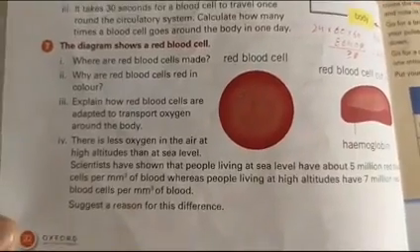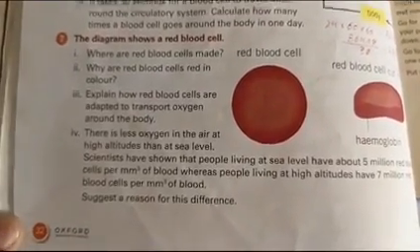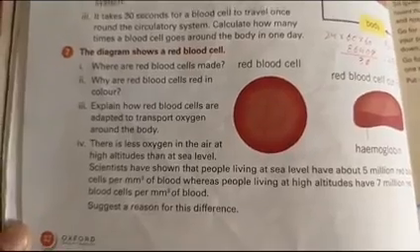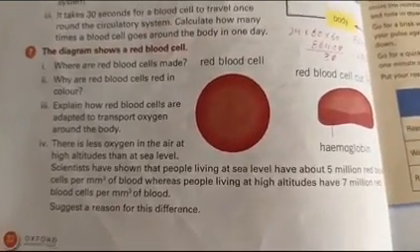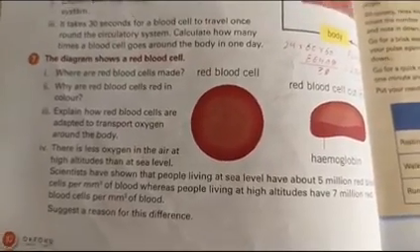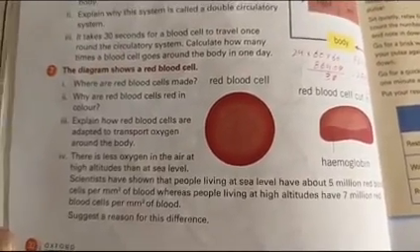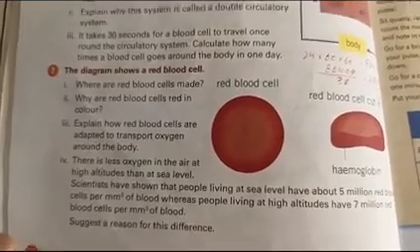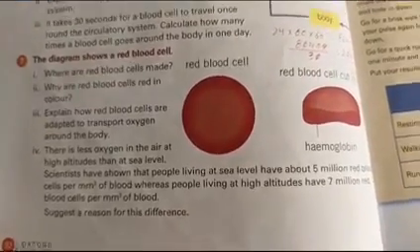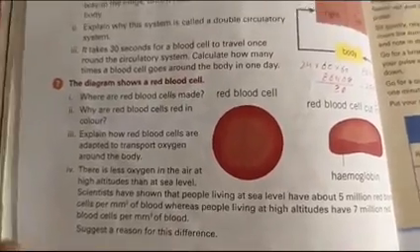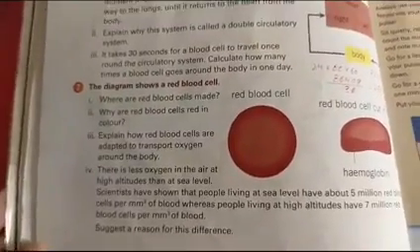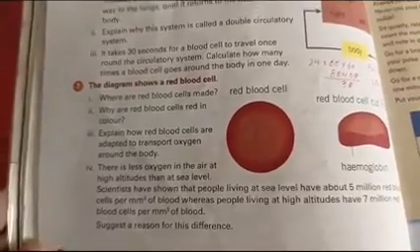Come to statement number 4. There is less oxygen in the air at high altitudes than at sea level. Scientists have shown that people living at sea level have about 5 million red blood cells per millimeter cube of blood, whereas people living at higher altitudes have 7 million red blood cells per millimeter cube of blood. So this is the reason for this difference. At high altitude there is less oxygen.